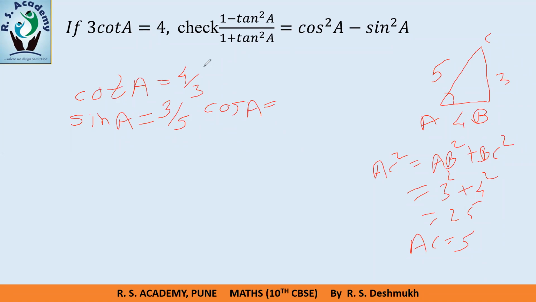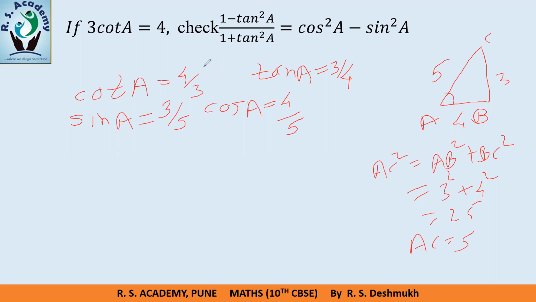Cos A is adjacent side upon hypotenuse, that is 4 by 5. And last one, tan A, which I require. I know that 1 upon cot A is equal to tan A. So it is the inverse of cot, and therefore tan A is equal to 3 by 4.